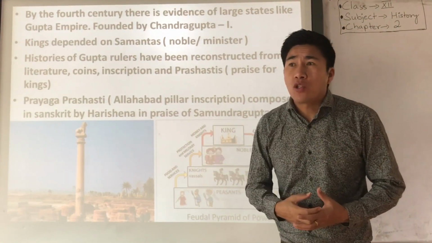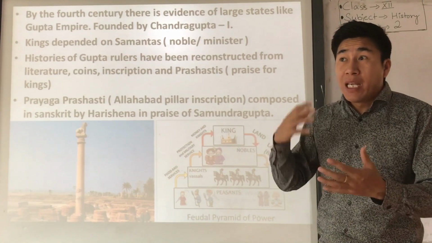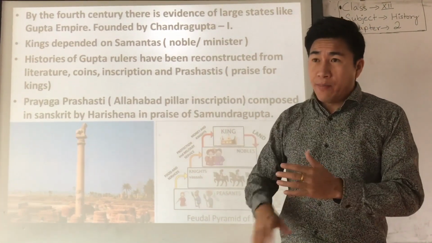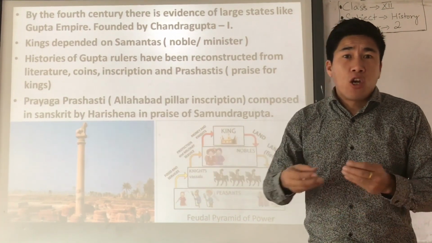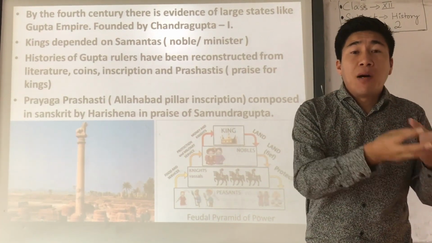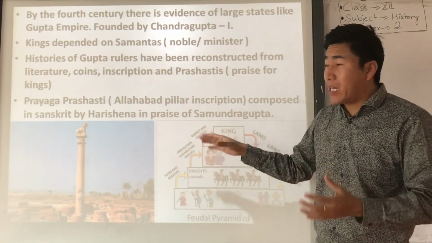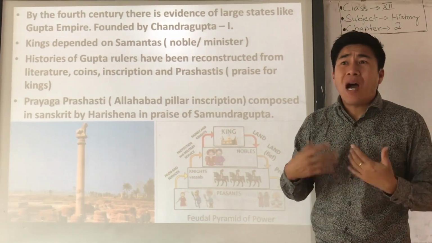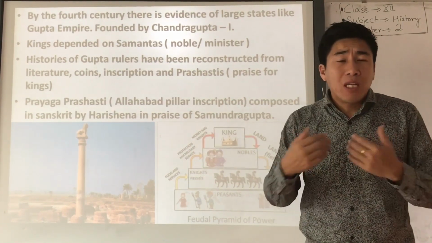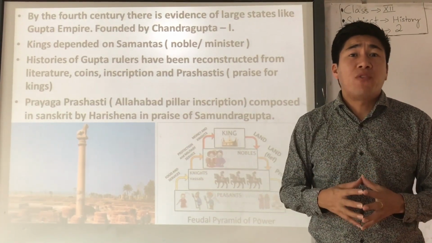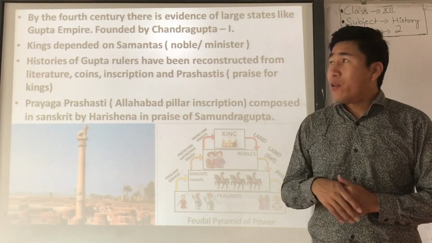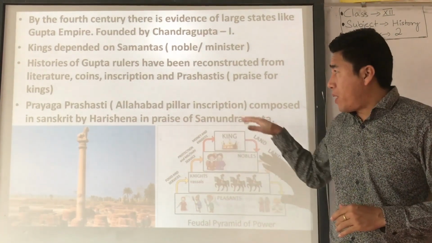Not only that, he also mentioned that he is equal to God. He described Samudragupta as Indra, god of rain, or Yama, god of death. So it is just praise. Why did they do this kind of praising? In order to get patronage and rewards from the king at the time. Through this, we know about the Gupta Empire.